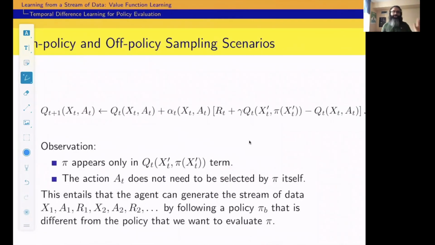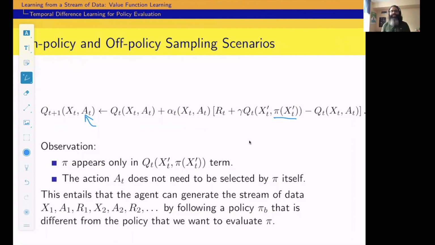It can be any arbitrary distribution. And if we look at this formula, we see that the only place where the policy appears is in the choice of the next action. The action at the first step can actually be selected by some policy which is different from policy pi.